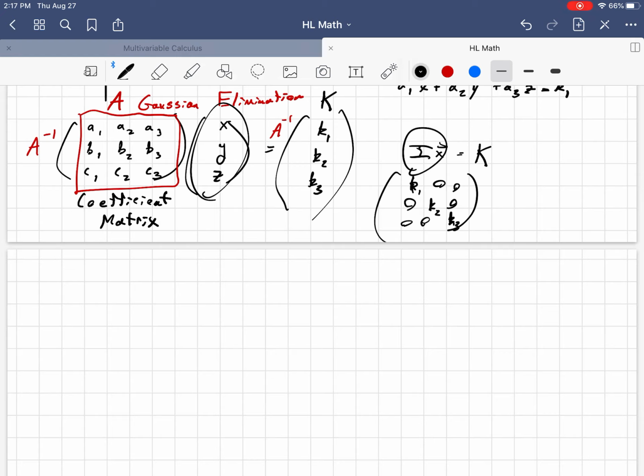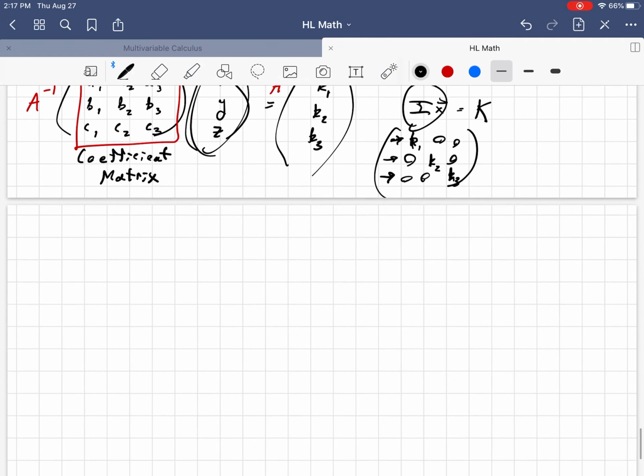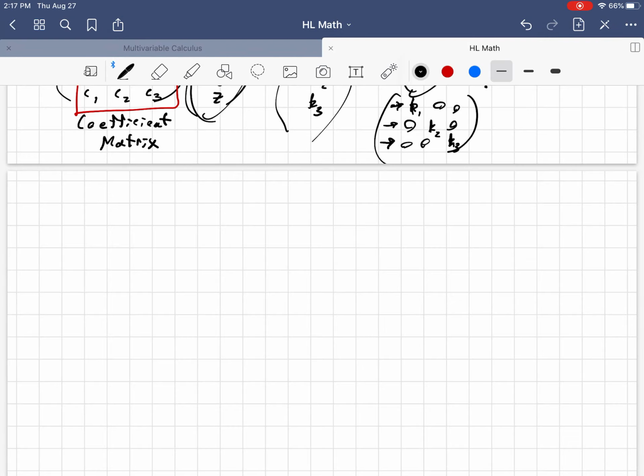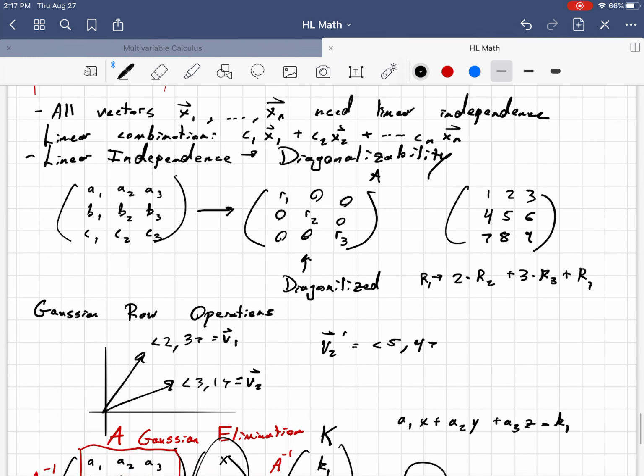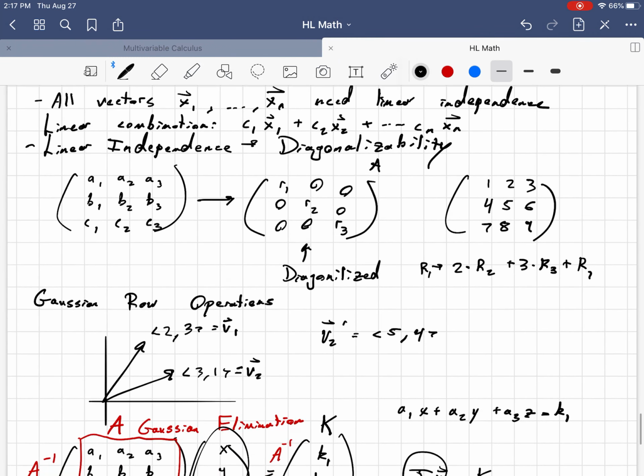And then you multiply the first row by 1 over K sub 1, the second row by 1 over K sub 2, and the third row by 1 over K sub 3. And that would give you the identity matrix. So if you have an identity matrix, you have a diagonalizable matrix. And so that shows that linear independence implies diagonalizability.